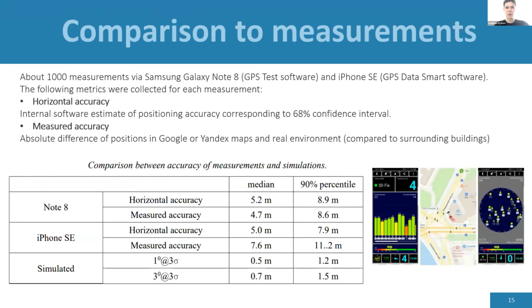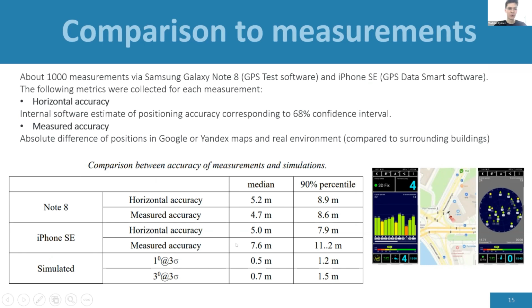Next, we compared our simulations with real-time measurements, which were done in Moscow, in the same map as simulated, and about 1,000 measurements were done via Samsung and iPhone. We compared horizontal accuracy and measured accuracy. Horizontal accuracy is internal, estimated by software, and measured accuracy was estimated by Google Maps and real environments.